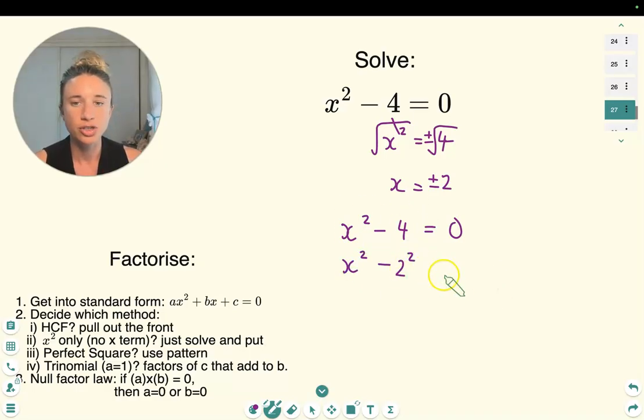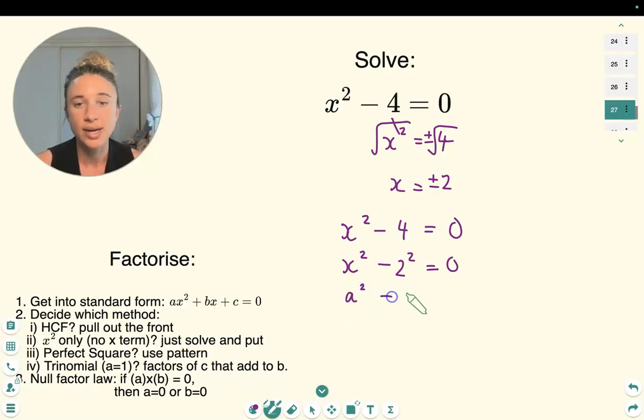So it's worth knowing your square numbers. Okay, now at this stage, I can recognize my difference of 2 squares. A squared take b squared factorizes to a plus b bracket a minus b. So that is it. Now we're just going to say a is x and b is 2.